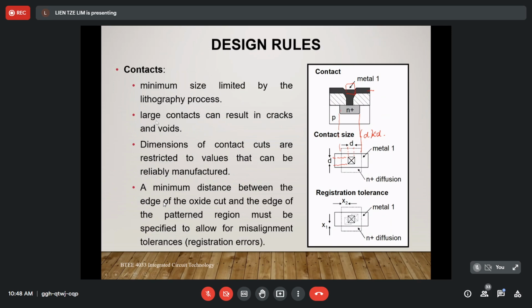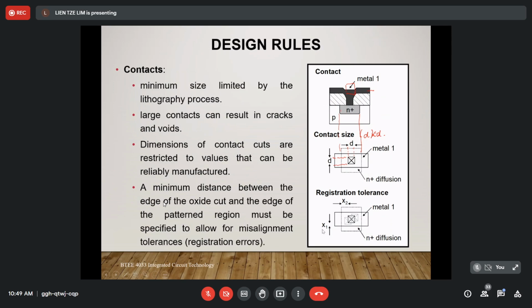Large contacts can result in cracks and voids. Dimensions of contact cuts are restricted to values that can be reliably manufactured. A minimum distance between the edge of the contact cut and the edge of the patterned region must be specified to allow for misalignment tolerance, or what we sometimes call registration errors.